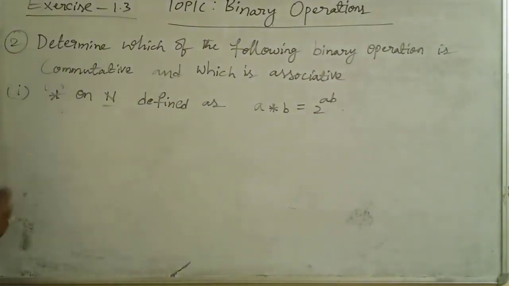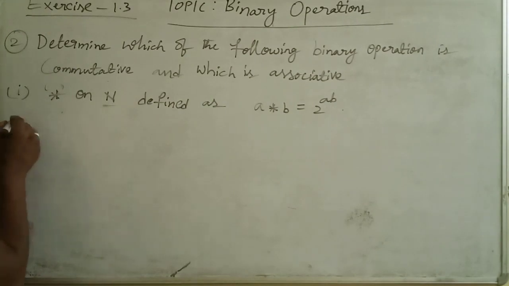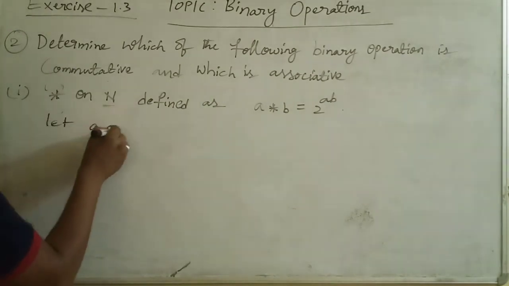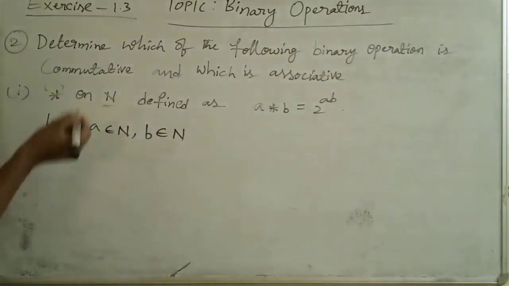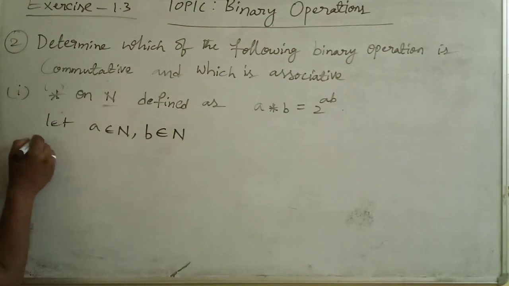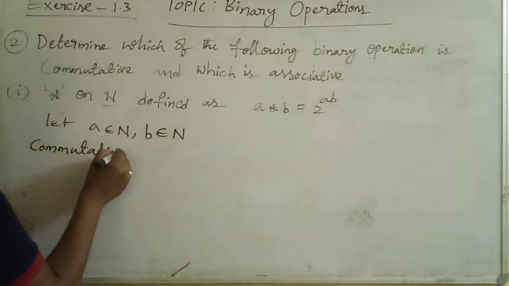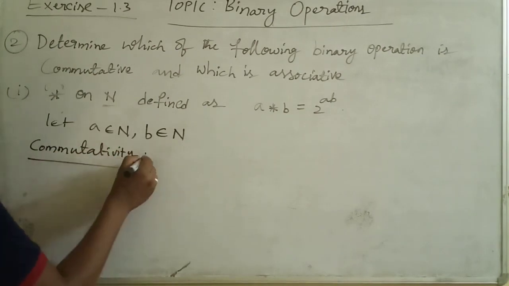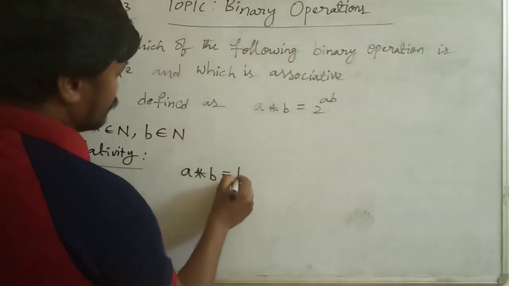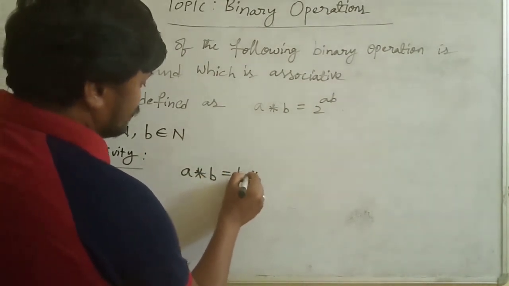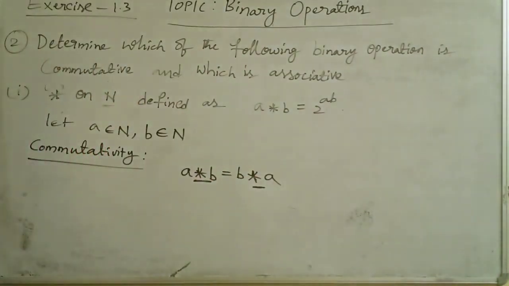So let's think first. Let A belong to N, and B belong to N. Then you know that for commutativity, here I am writing commutativity, you already know that A star B is equal to B star A. I need to prove this, then we can say commutativity holds.